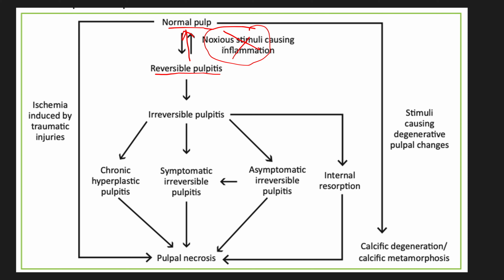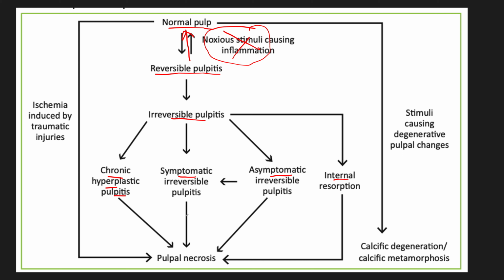But if we are not successful in removing this stimuli at the correct time, this reversible pulpitis will become irreversible pulpitis. Irreversible pulpitis can be of various types. So we have chronic hyperplastic pulpitis, which is also called polyp. We have symptomatic irreversible pulpitis. We have asymptomatic irreversible pulpitis. And we also have internal resorption. So these are the four types of irreversible pulpitis.